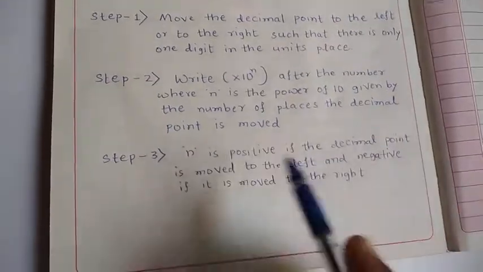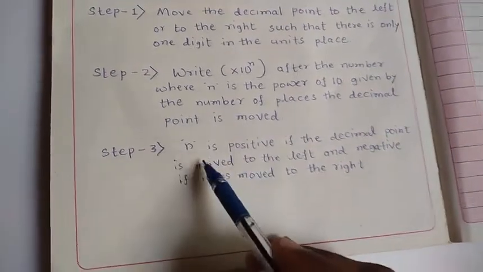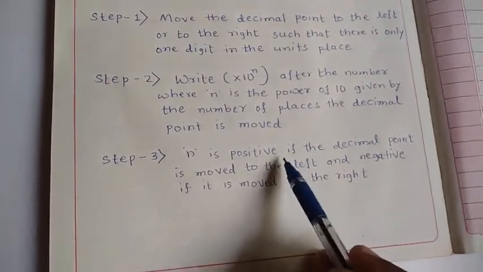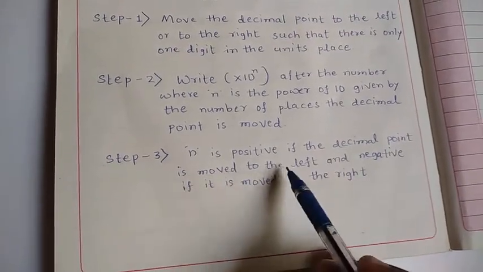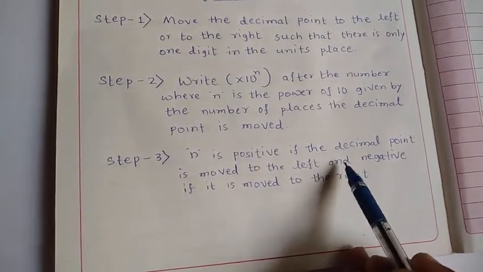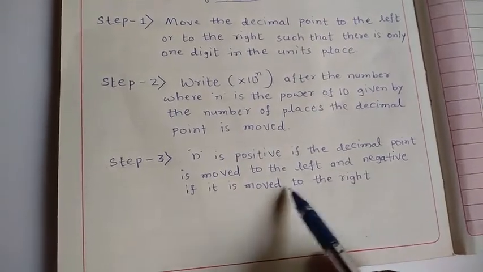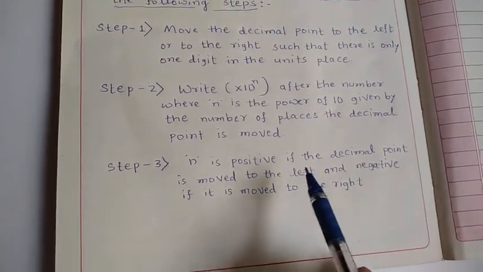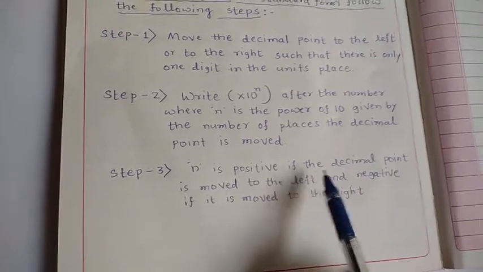Third step: n is positive if the decimal point is moved to the left and negative if it is moved to the right. Let me repeat one more time.